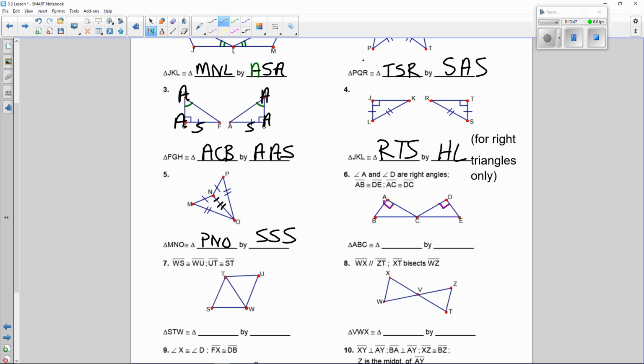They also then tell you segment AB is congruent to segment DE. So you have an angle and then a side. And then finally, they give you segment AC is congruent to segment DC. So these triangles are congruent. You have to decide whether it's side angle side or HL. Of course, they do not have a hypotenuse in common, so this is side angle side.